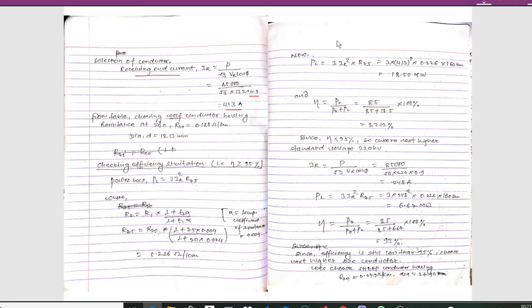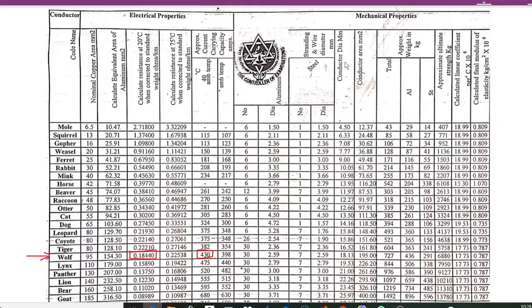Now we have to choose the conductors. After calculating the receiving end current as 413 amperes, you can see the table right now.